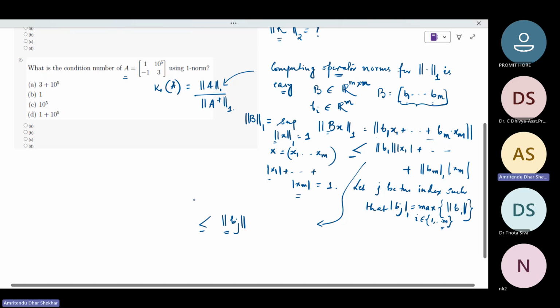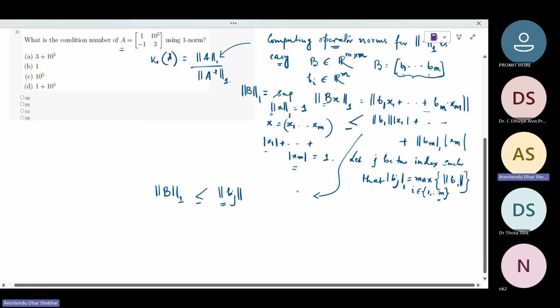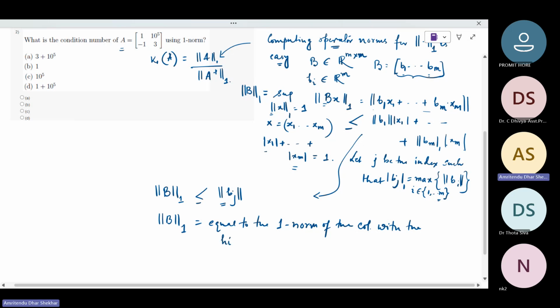So the one operator norm is actually equal to, let me just write down the statement, the one norm of the column with the highest norm.